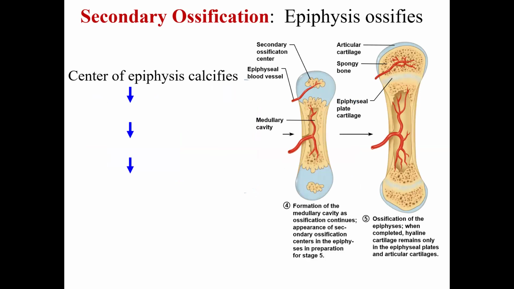And we have cartilage at the growth plate. So now you can fully see that it's not that we added cartilage to make that growth plate. This is the cartilage that was always there. We just made bone around it. So you could say, and it might even be worded like this somewhere in your Connect assignments or the test, that this is residual cartilage, the growth plate, because it was always there.